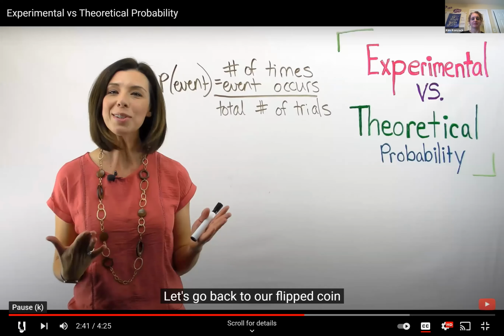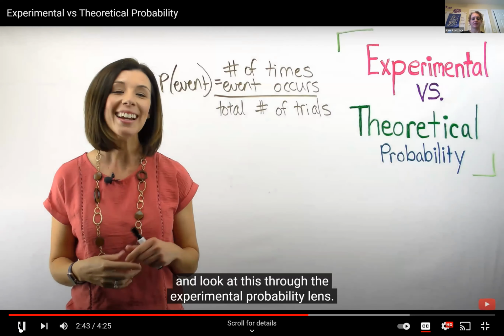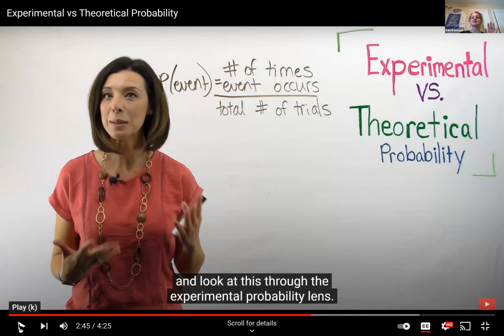Let's go back to our flipped coin and look at this through the experience. It's the number of times the event occurs over the total number of trials, which means if we only did 100 trials, there'll be 100 in the bottom of the fraction. And then let's say we got 40 heads, it'd be 40 out of 100.